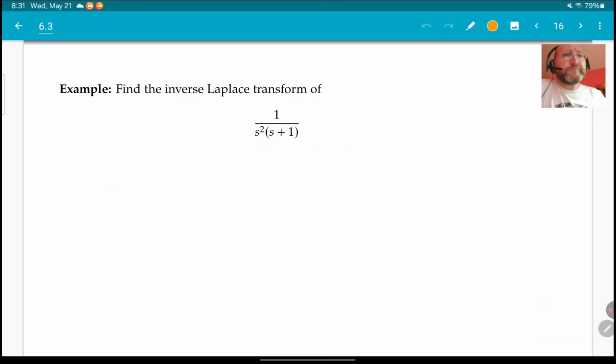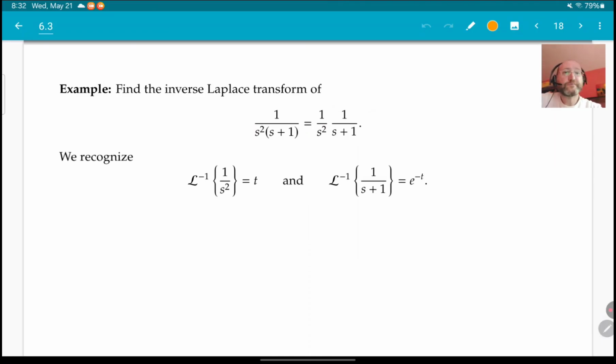So let's see an example. Suppose we want to find the inverse Laplace transform of this, which really is just a product. I've written it as a product. We can recognize these two inverse Laplace transforms. I know how to take the inverse Laplace transform of 1 over s squared, and of 1 over s plus 1.